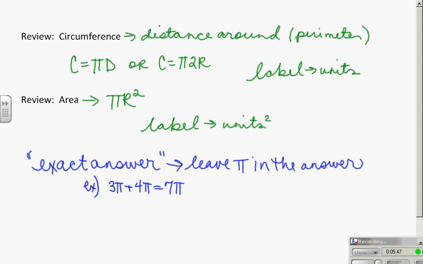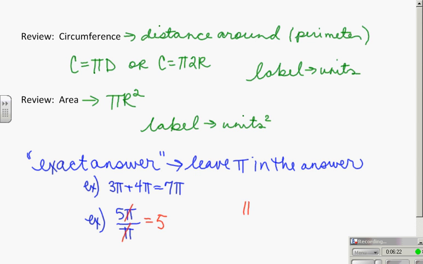So for example, if you have 3 pi plus 4 pi, you get 7 pi, which is way easier than multiplying by 3.14 blah, blah, blah, plus 4 times 3.14 blah, blah, blah, needing your calculator, not being able to do it in your head. Leave it as an exact answer. For example, if I have something like 5 pi divided by pi, this is also easier because pi divided by pi cancels, and my answer is 5. I don't have rounding errors. I don't need my calculator.